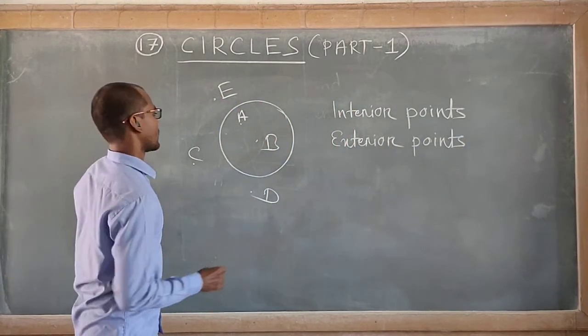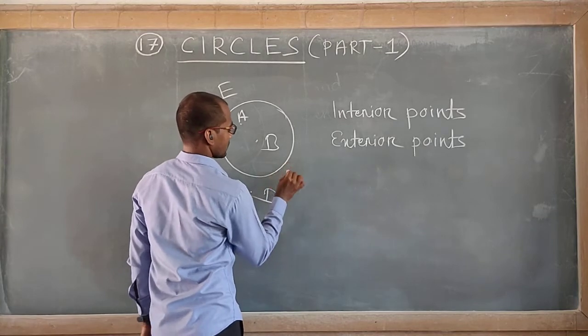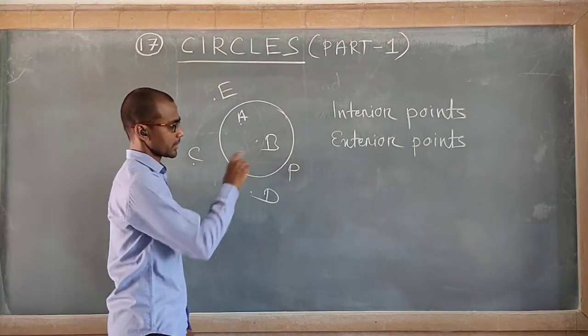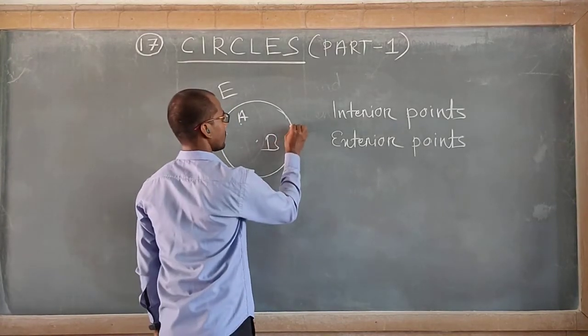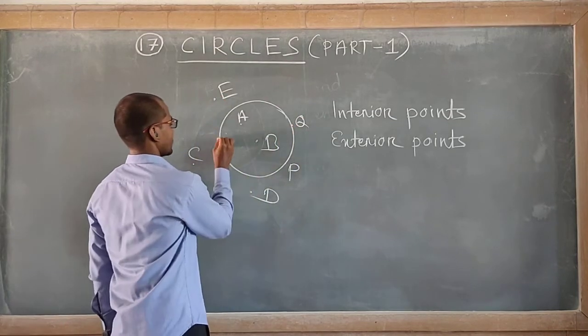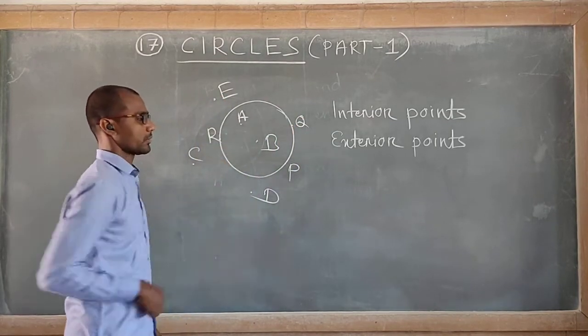Then some special points are there. Suppose point P, which is on the circumference, Q on the circumference, R on the circumference.